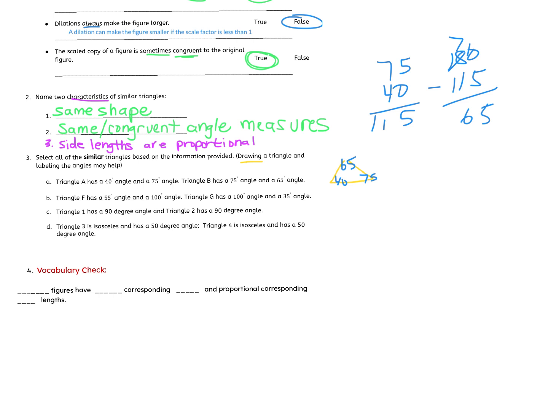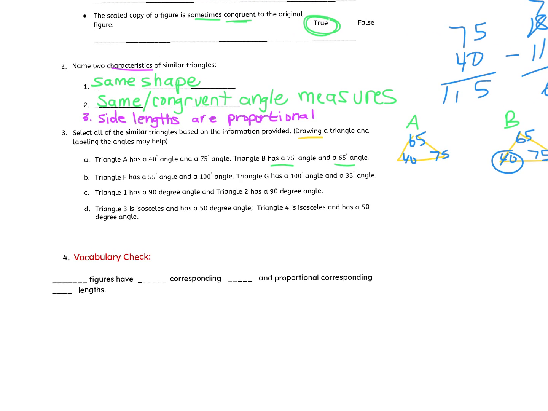Okay, so that's for triangle A. Triangle B has 75 degrees and 65. So that means that third angle would also be 40. So if all 3 angles are congruent, then we would say that this pair is similar.